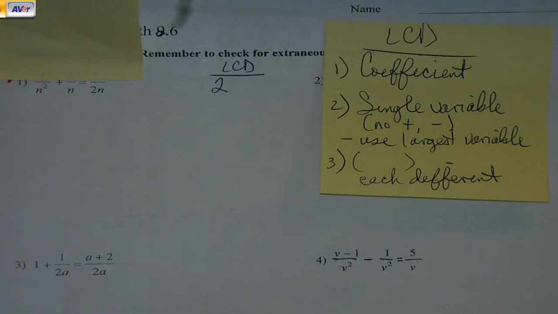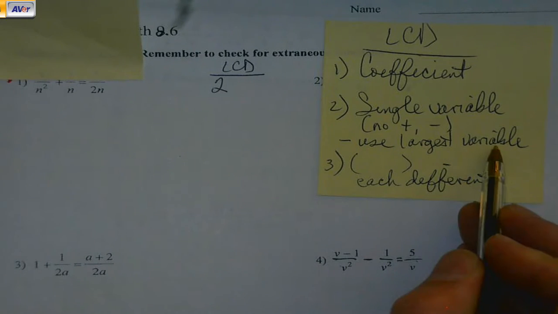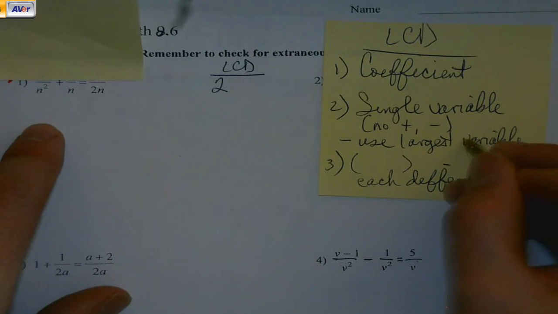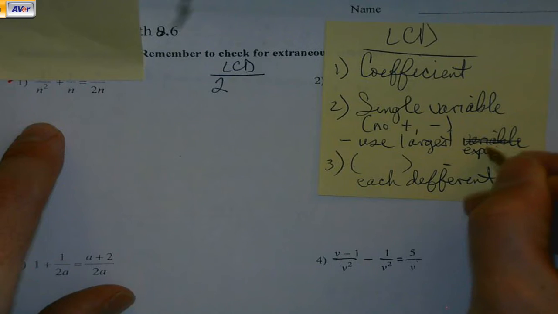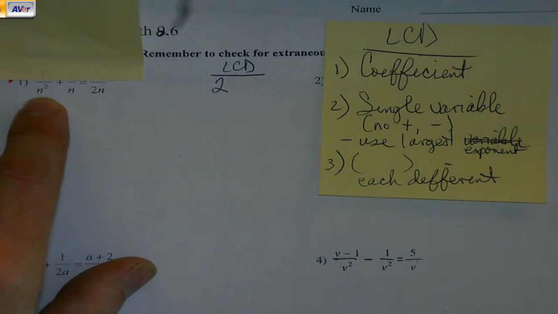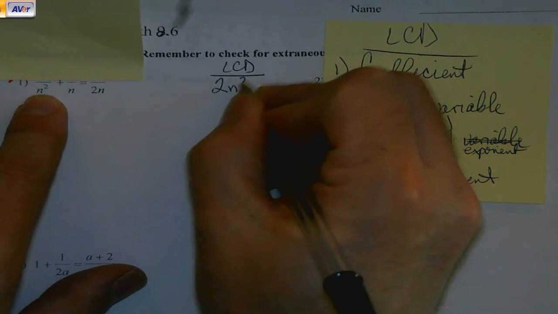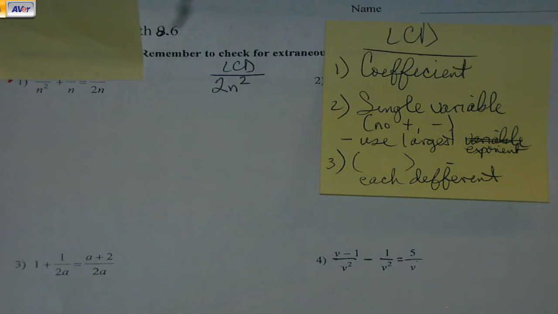How do I know what to use? Use the largest one. The largest variable? No, the largest exponent. So the largest exponent I see is squared. So 2n squared. And if there would have been pluses and minuses, I'd have taken those parentheses and put that in here. But that's not here.